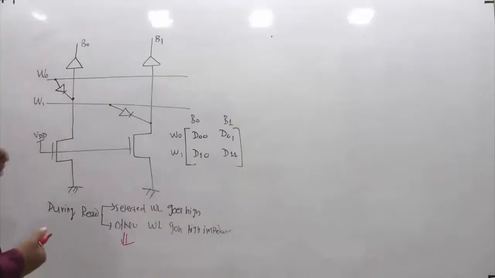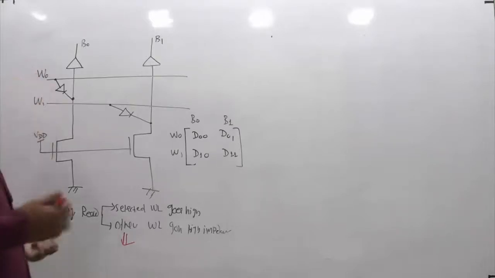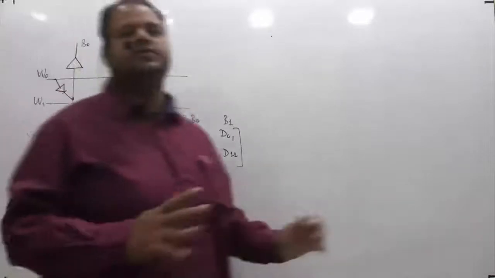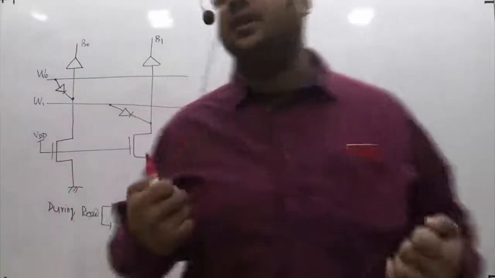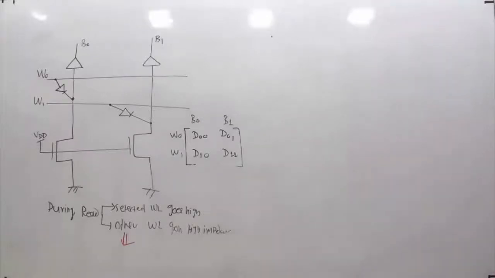So you have two word lines W0 and W1, right? At a time one of them will be selected or activated, the other will be in deactivated state. If I am saying this is activated, then this should be in high impedance state, and if I am saying this is activated, then this should be in high impedance state. High impedance state means this is kind of an open circuit. You can think of it as virtually disconnected from the system. That's the meaning of high impedance state.